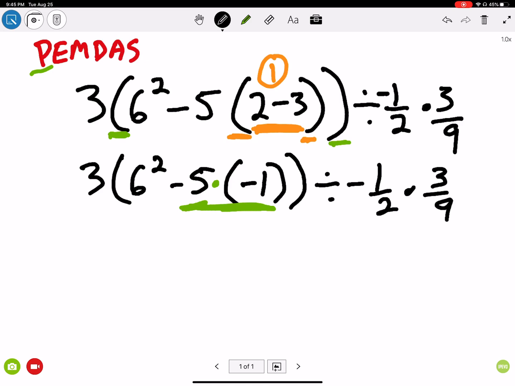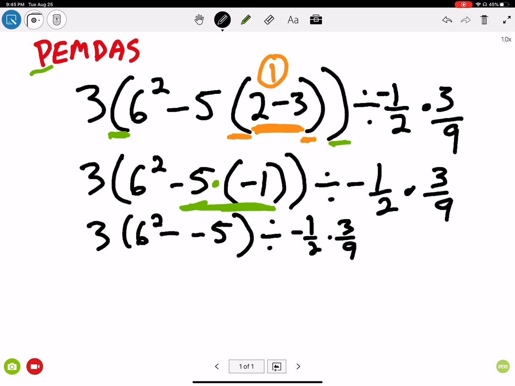Now, 5 times negative 1 gives me negative 5. So if I rewrite this, I get 3 times 6 squared minus 5 times negative 1 is negative 5. And now I only have one set of parentheses divided by negative 1/2 times 3/9.